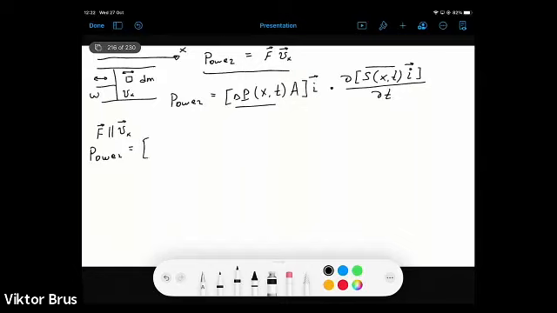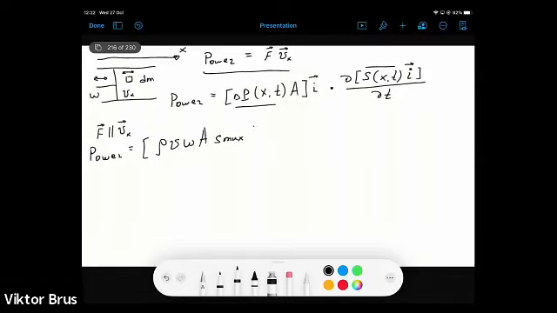So we can write rho times v times omega times A, in which omega is angular frequency and A is area, times s maximum.